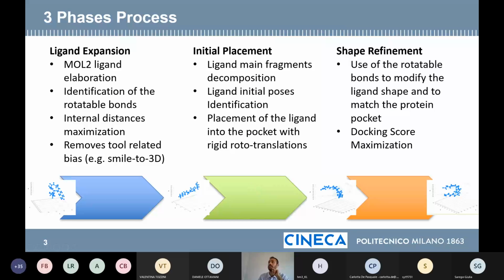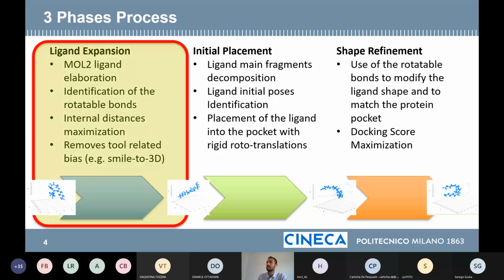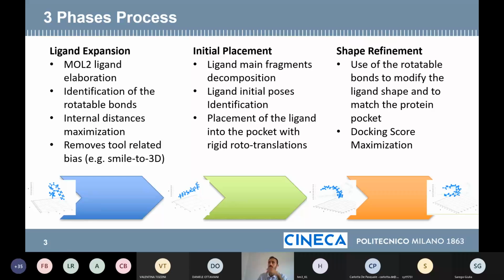Okay, can go on. So the molecular docking process can be divided into three phases. The first one is the ligand expansion. So basically, you start from mol2. Mol2 is the way the ligand, so the molecule that you want to analyze, is stored in a computer. So it's a file.